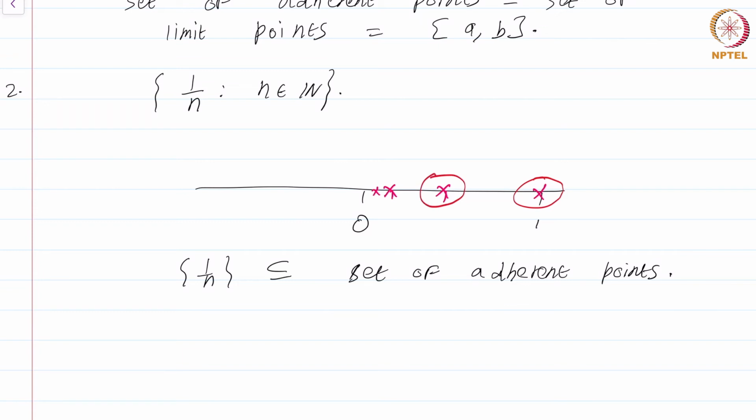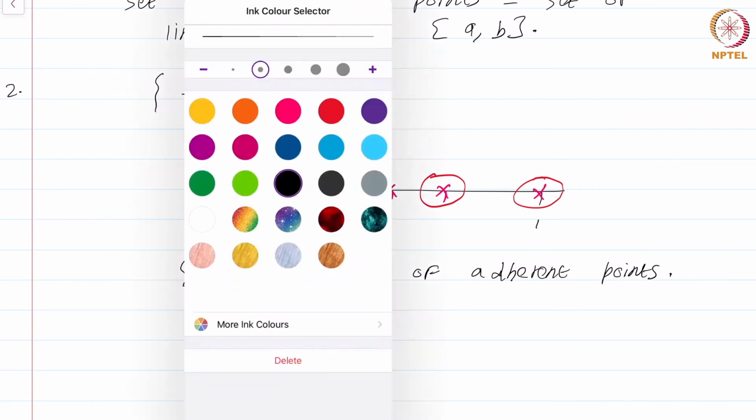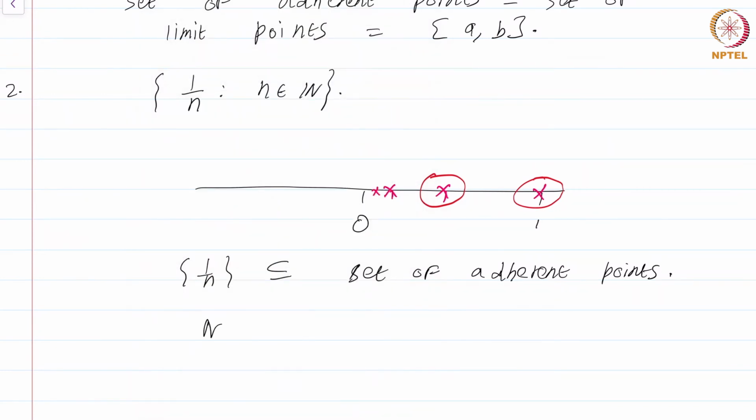The only sequence in the set 1/n that converges to half is a sequence that is eventually just half, repetitions of half. So none of these points are limit points.